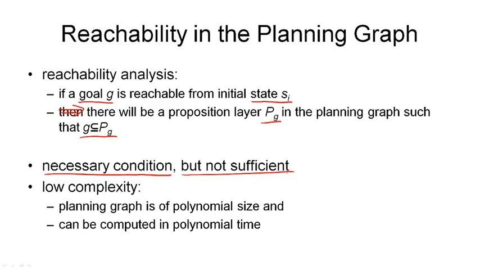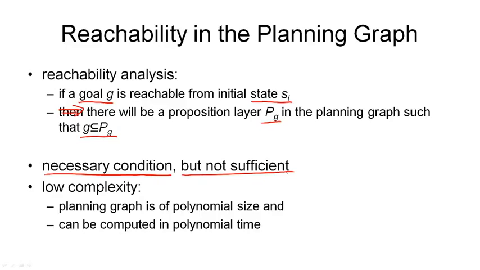Also, the proposition layers quickly contain sets of inconsistent propositions. That means propositions that can never be true in the same state. As we've seen, a robot can never be at location 1 and location 2 at the same time. Similarly, the actions in one action layer may never be applicable at the same time.